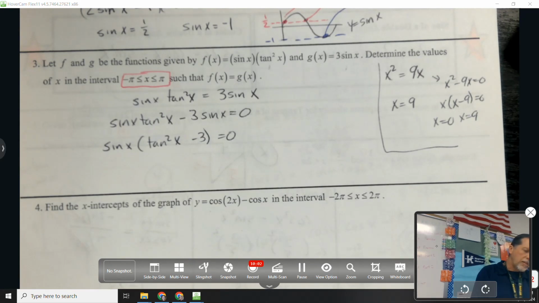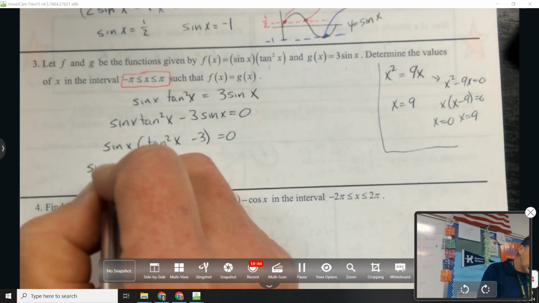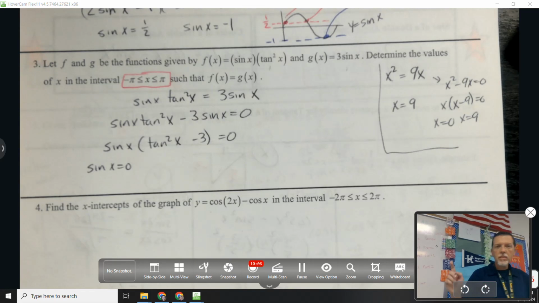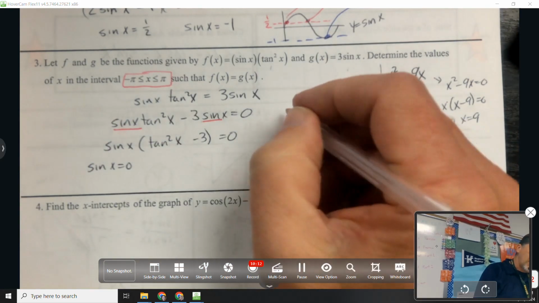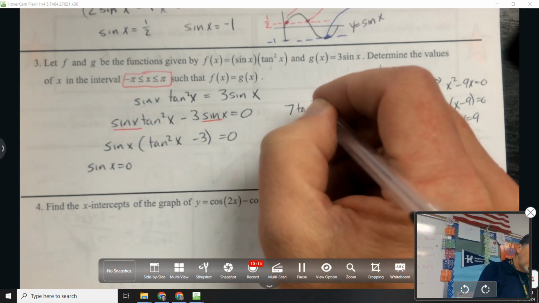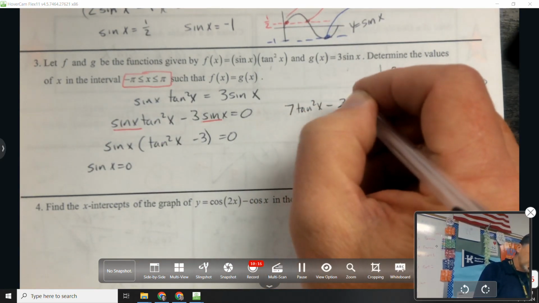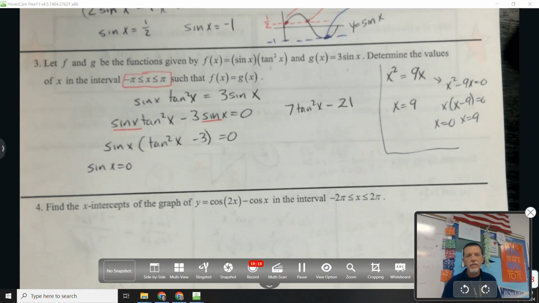Okay, so now I've got a factored equation, so sine of x, whoops. I'm going to factor out the sine of x. This is like 7 tangent squared x minus 21. I could factor a 7 out of both of those. Then wouldn't it be like cosine squared x?